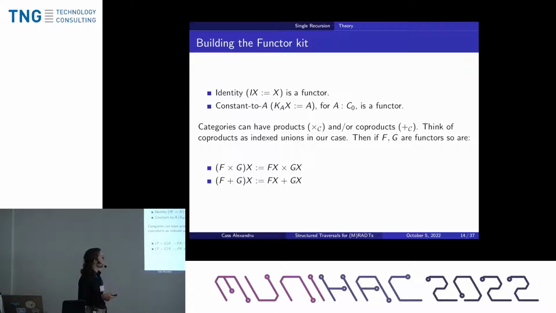And basically, I can construct new functors from constituent functors in C by taking their product or co-product, and this will then be a functor in the product or the co-product category respectively, which we construct from these constituent categories. And we will see why this is useful later.